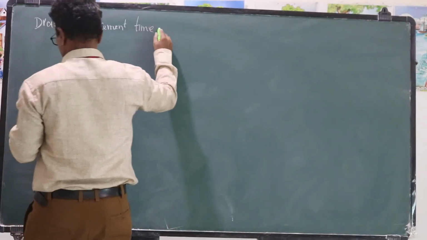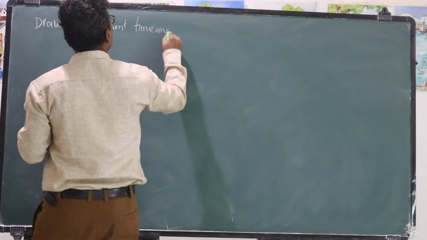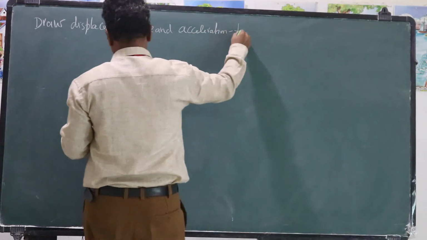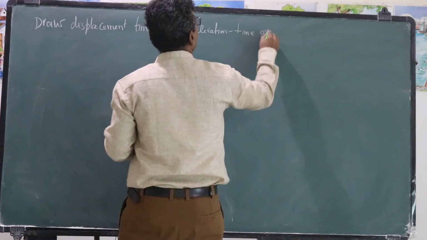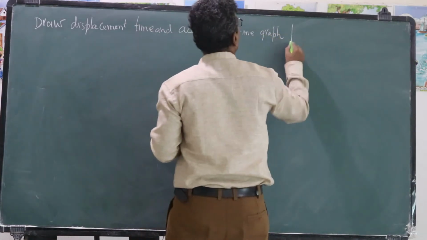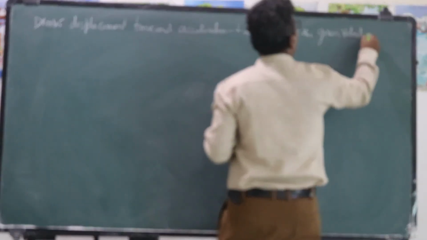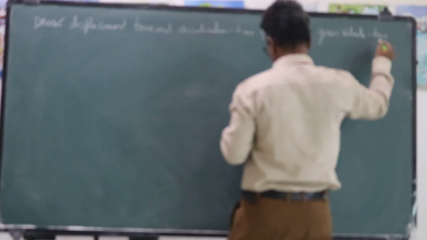Draw displacement time and acceleration time graphs for the given Vt graph, for the given velocity time graph.